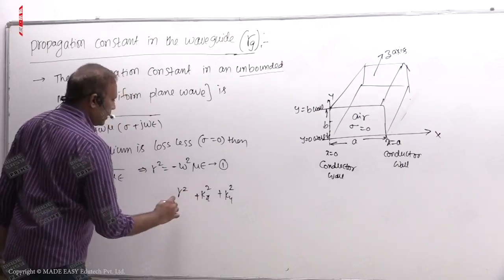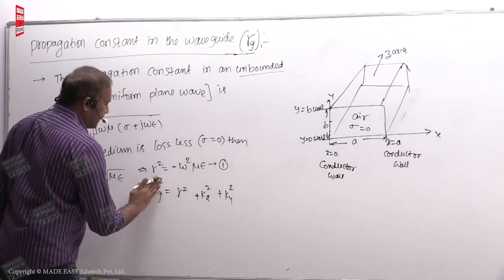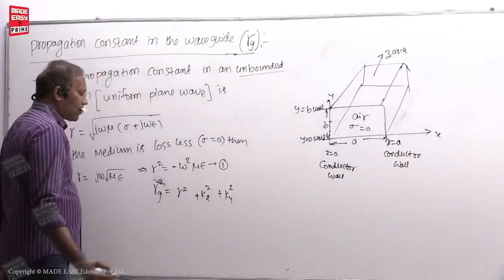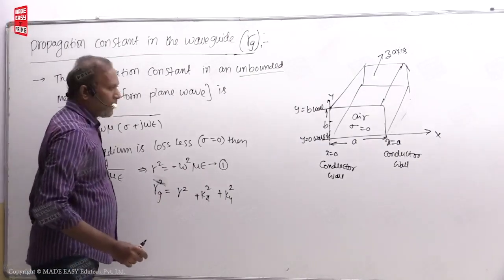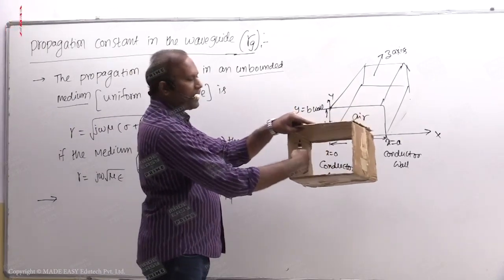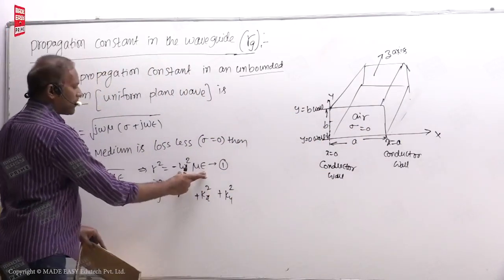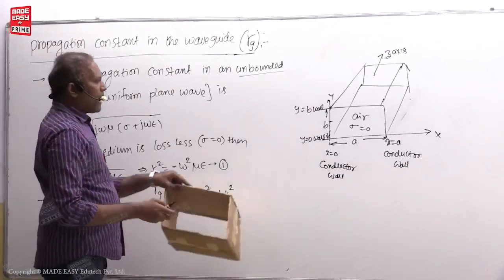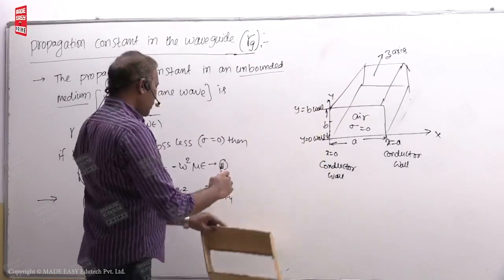This is gamma square, and now this is called gamma of the waveguide. That means for the waveguide there is a lossless dielectric medium, or otherwise a lossless air medium here. For that medium, this is the gamma square, and plus you have to add one constant for the x direction conductor walls, another constant for the y direction conductor walls.